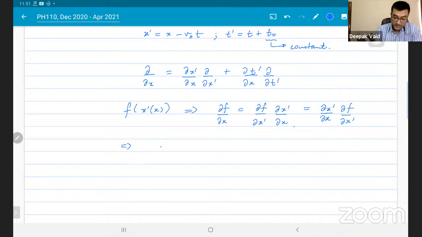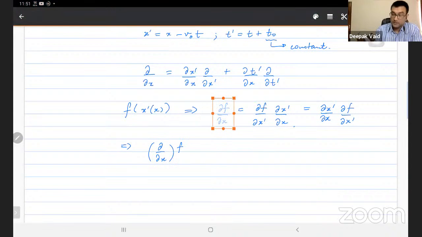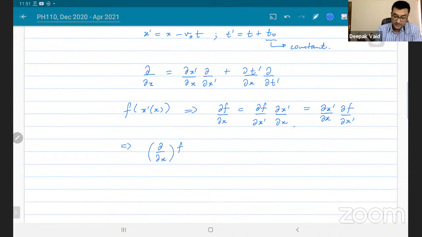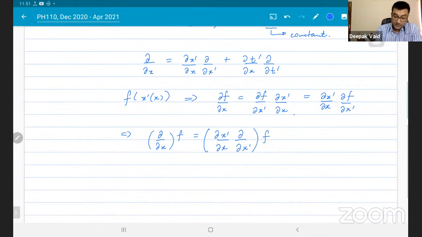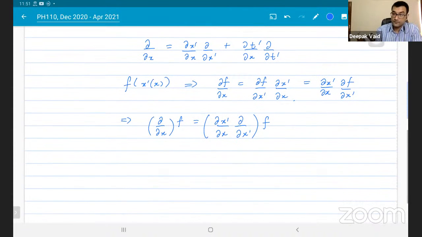So if you look at this expression, I can write it like this: d by dx of f is equal to dx prime by dx, d by dx prime of f. This expression and this expression are the same thing.